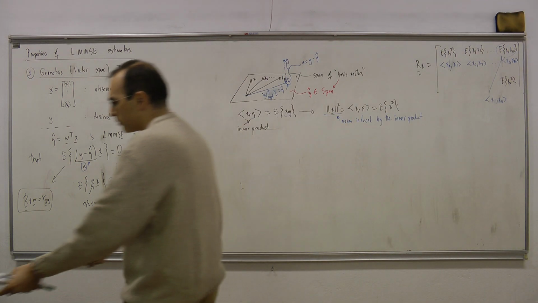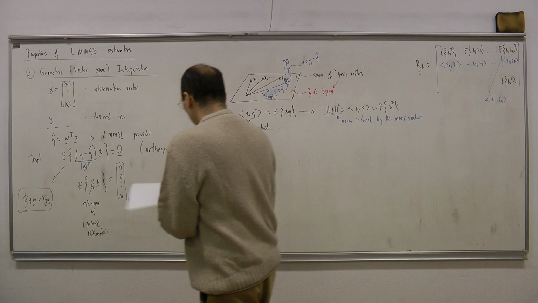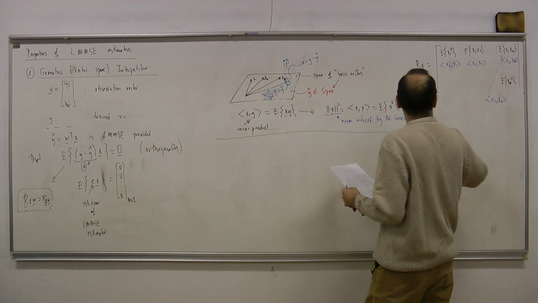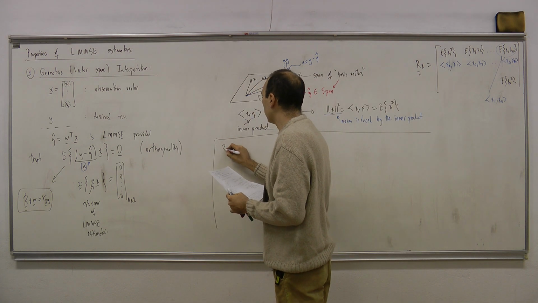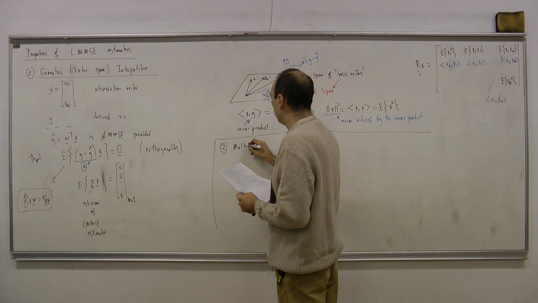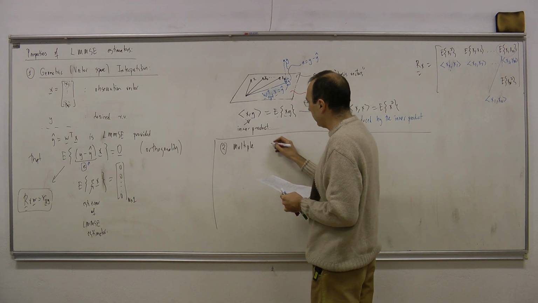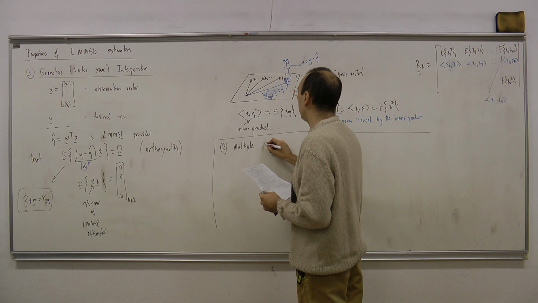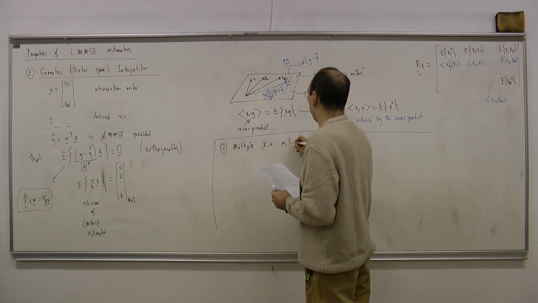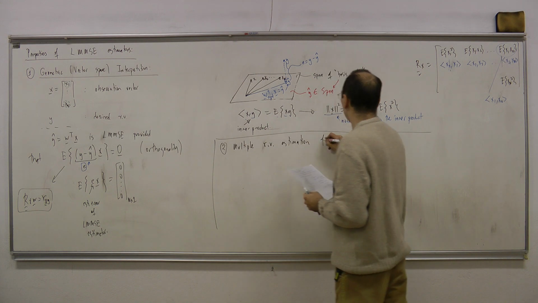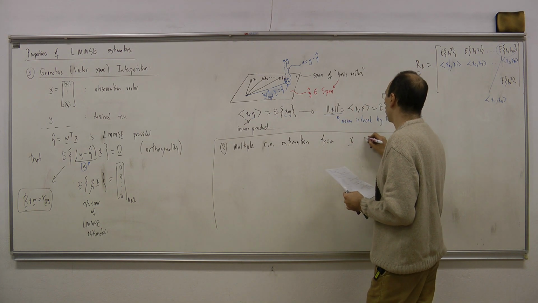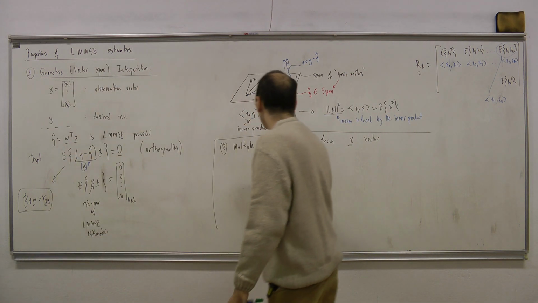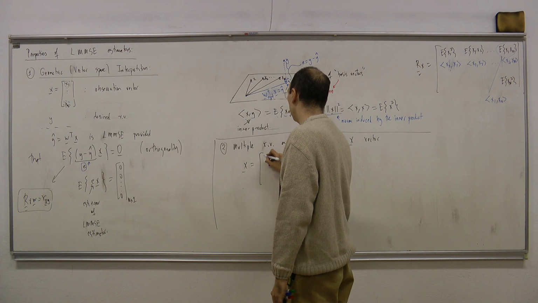So what else? Now, let me have a second result: multiple random variable estimation from the X vector. Now the issue is this, I'm again given this X vector with n elements.